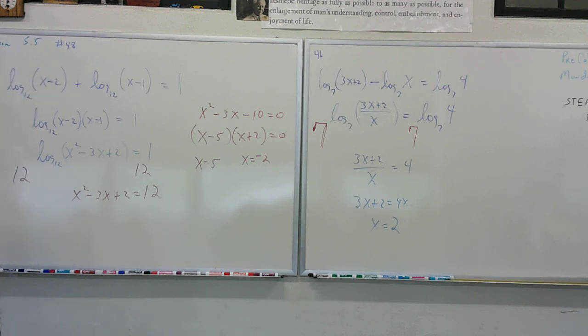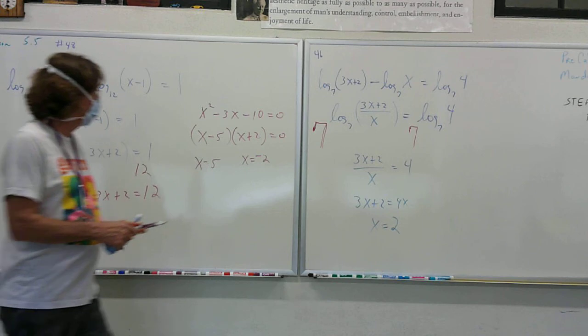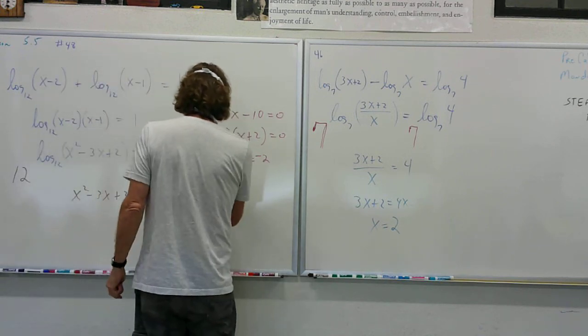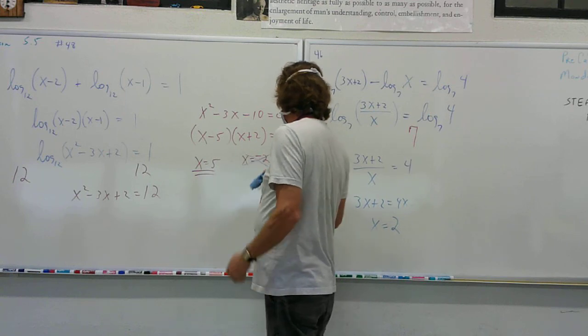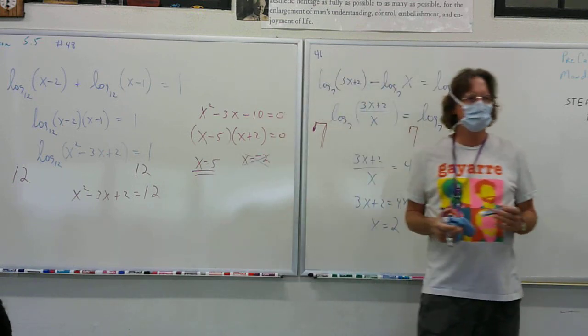That's not one of the rules. It's just right now we can't take the log of a negative number. It's not that we won't be able to in the future, and you will do it in the future. You can't do it now. So, here is our legitimate solution, and here is our extraneous solution.